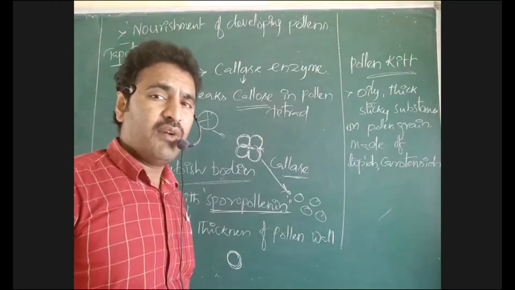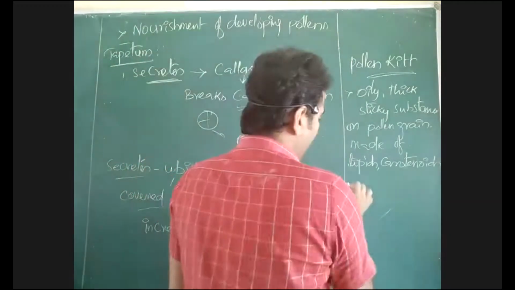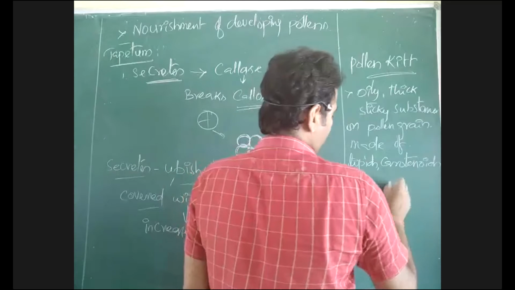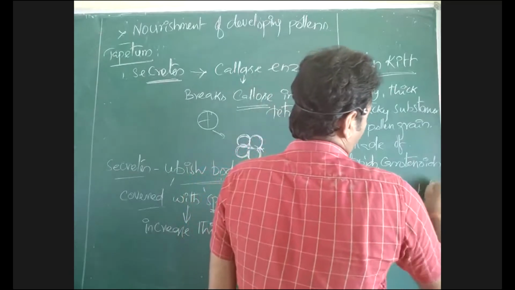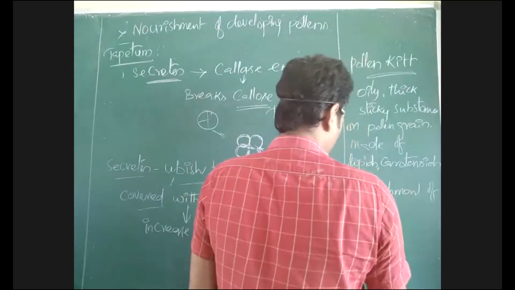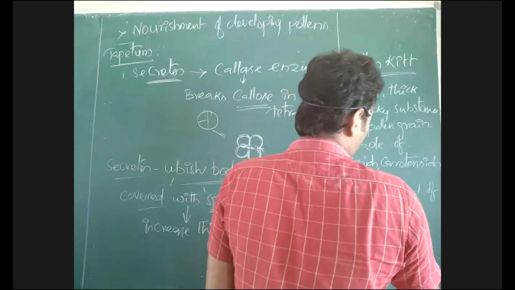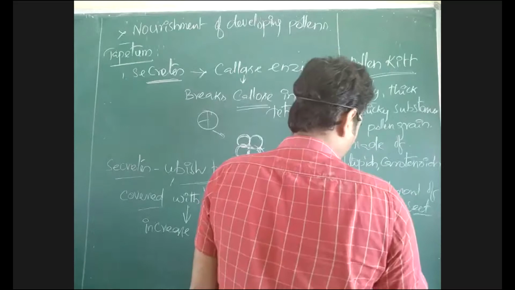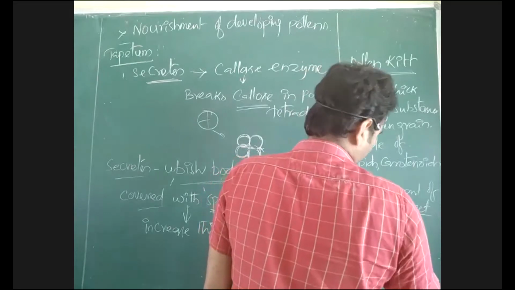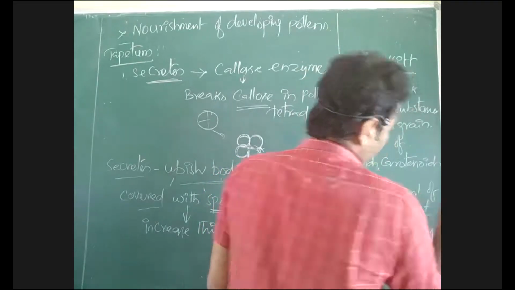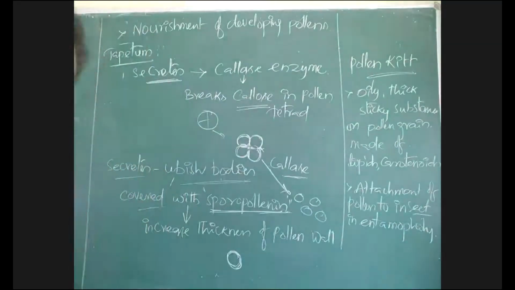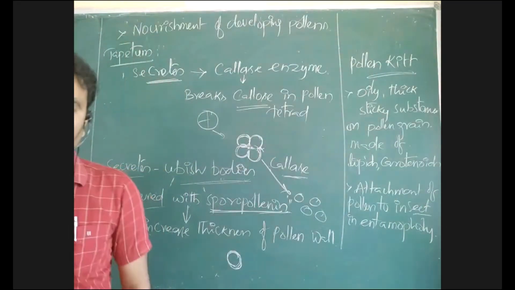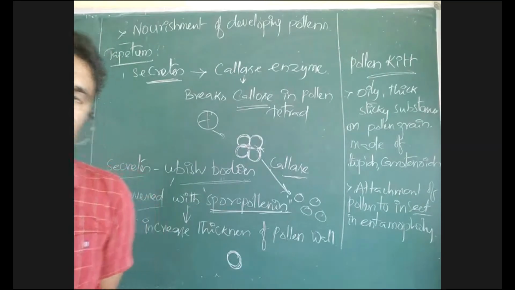What is the help of this pollen kit? It is responsible for attachment of pollen to insects in entomophily. Entomophily is a type of zoophily. What is entomophily? Entomophily is insect-mediated pollination.